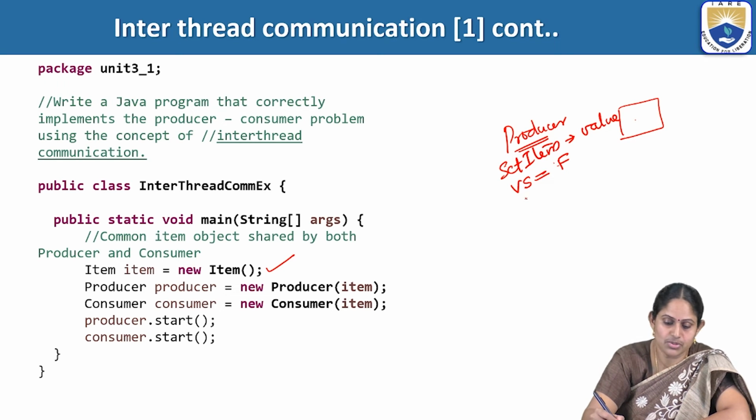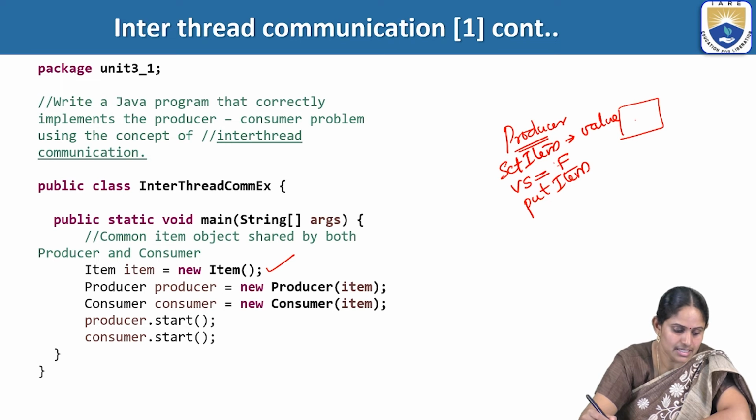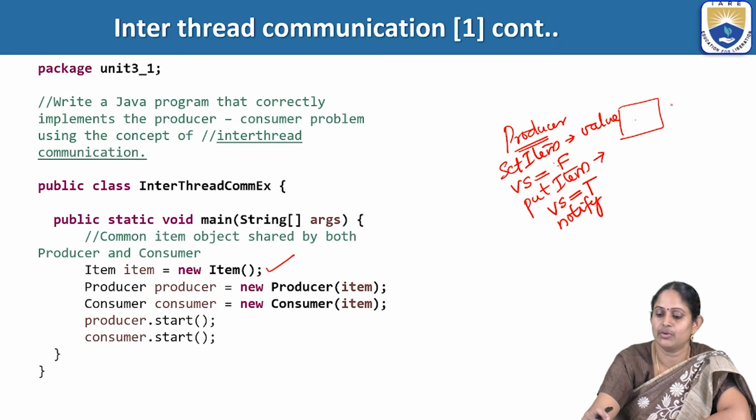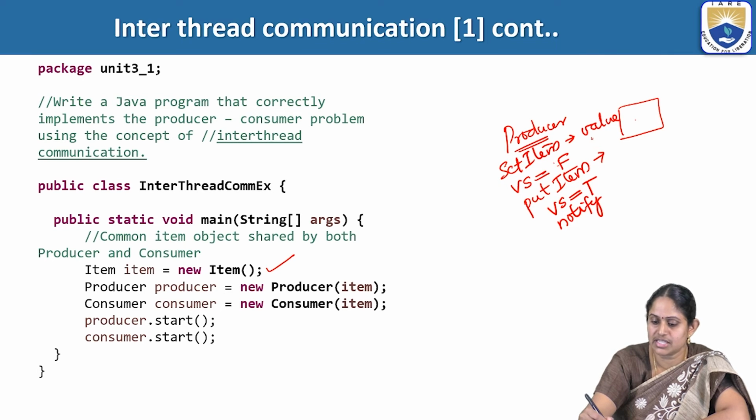So it will call the put item method to store the value into the buffer, and it will set the value set variable to true, and it will notify the consumer. Now, in case it finds that there is some value in that variable, that is, the value set is true, then the producer will wait.